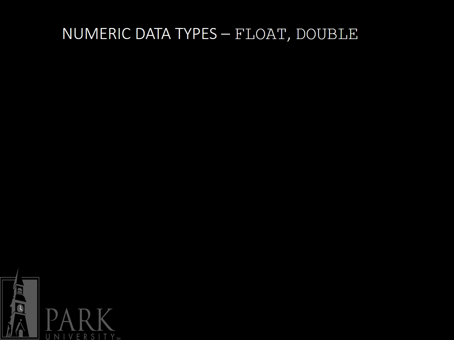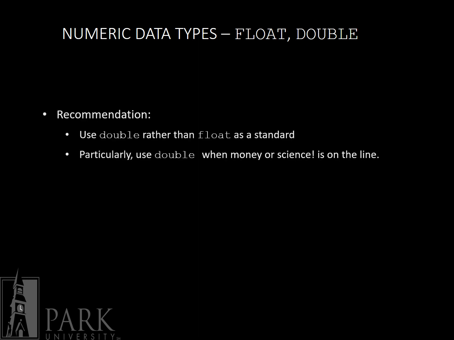So to answer that question, the general recommendation is that you use a double rather than a float as a standard. You don't use float variables where there are calculations involving money or scientific measurements. Those calculations really require the accuracy of a double, and floats aren't very accurate. With the GPA, generally you only need 2 decimal places, so that's fine.